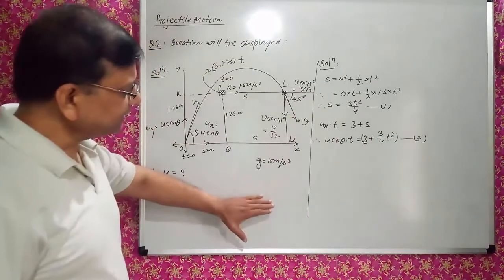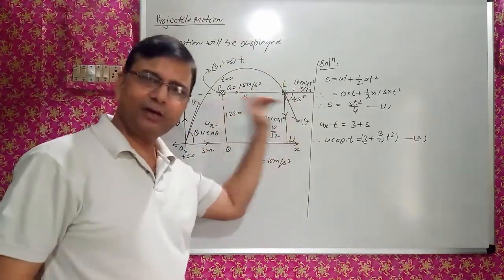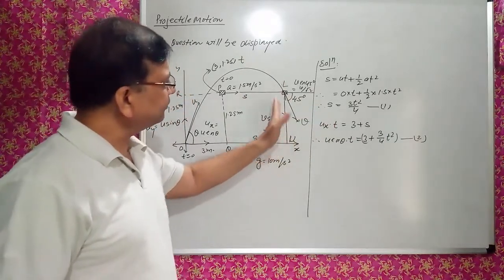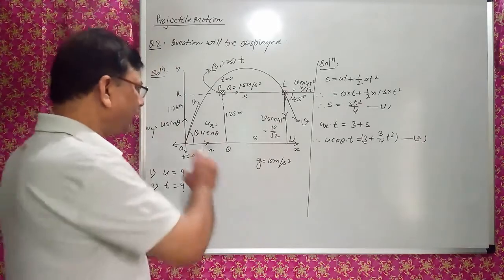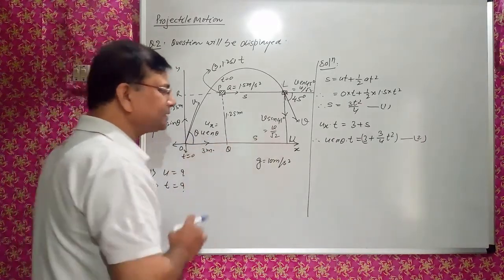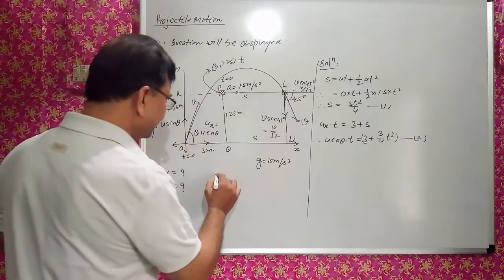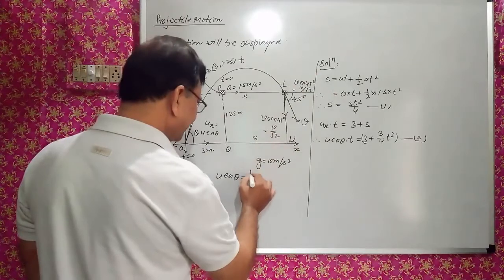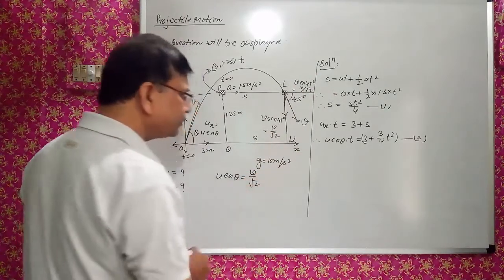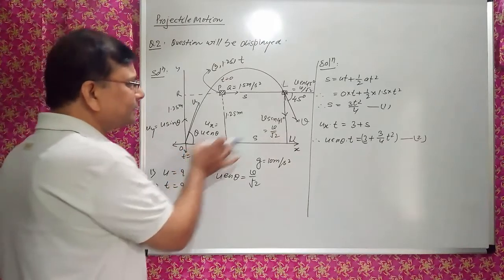It means the observer sees that it is hitting the object at 45 degree with the horizontal, so both the velocities will be the same, right? Horizontal velocity is always constant, so we can say u cos theta is equal to v upon root 2, isn't it?